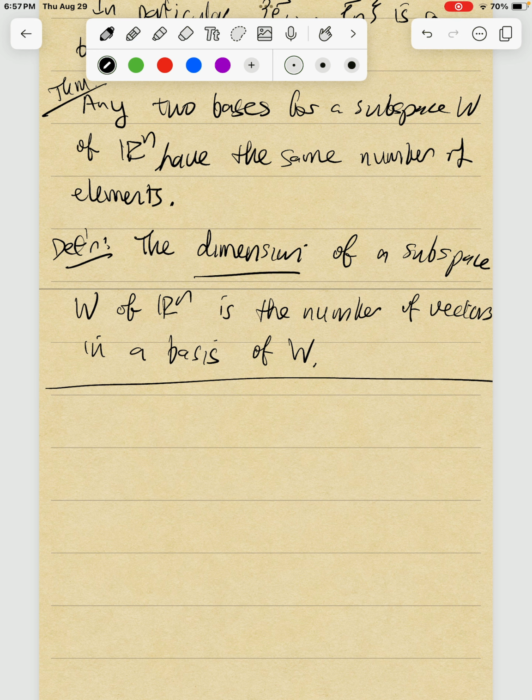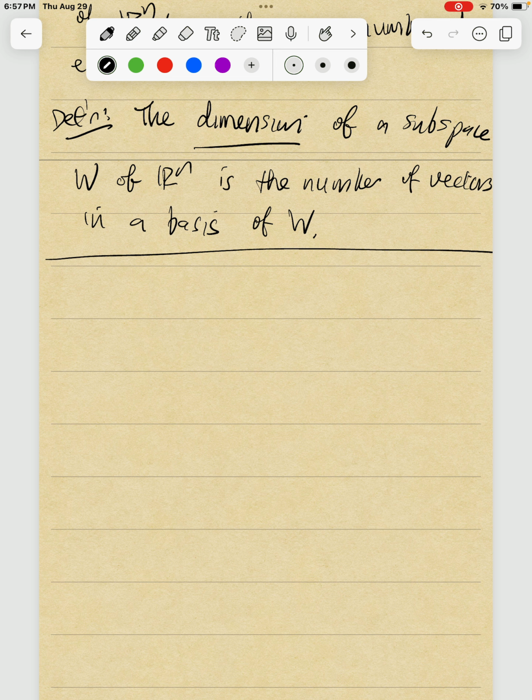So the rank of a matrix, what's that? Well, there are many different ways of defining the rank, but the way I'll define it is: if A is an m by n matrix, you look at its columns, its column space.